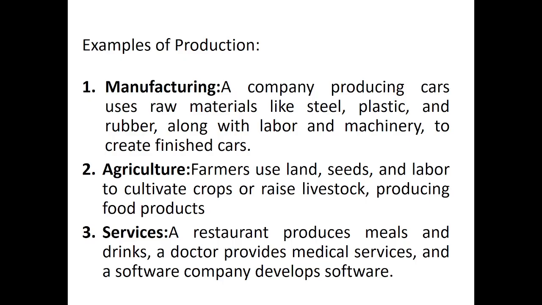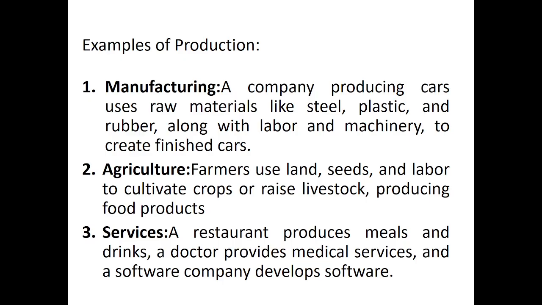A company producing cars uses raw material like steel, plastic, and rubber, along with labor and machineries, to create finished products. Look at this sentence. What is the finished product? From the finished product you can estimate where each and everything will be calculated.